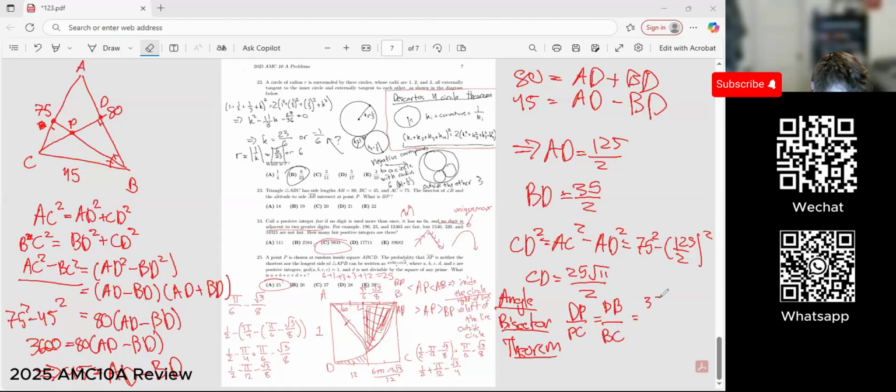So 35 over 2, what are my notes saying here?